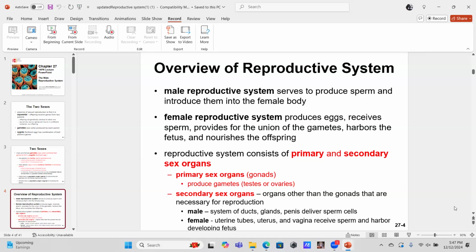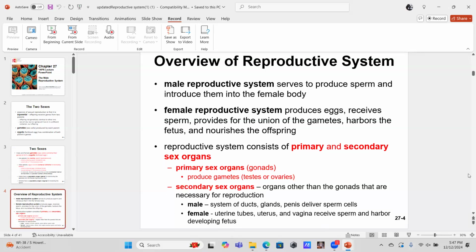Now, if there's a problem with testosterone release, or you might release testosterone, but the cells might be insensitive to it because they don't have the receptors, what happens is you might have testes, but the male ducts never form. And you'll have what looks like the female sexual reproductive tract. That does happen from time to time, and it's pretty rare, though. But it does happen, and it's not something the child chooses.